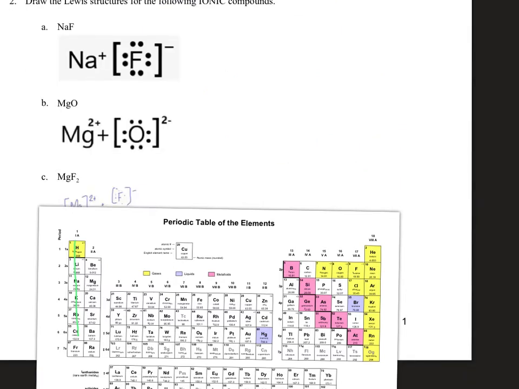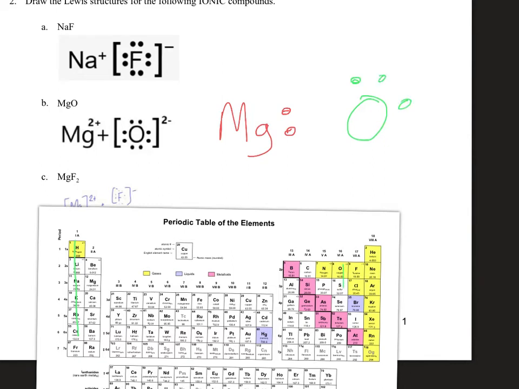The next compound on here is MgO. So we would start out with Mg, it has 2 valence electrons because it's in group 2, and then we would have oxygen, which is in group 6, so it has 6 valence electrons.